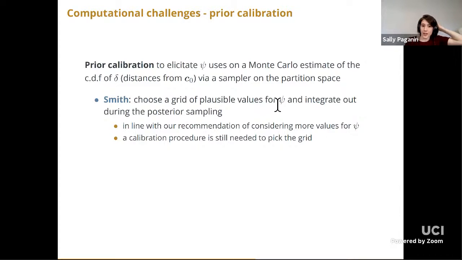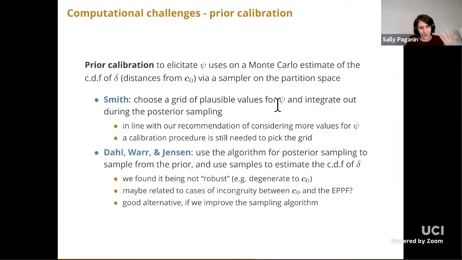This is kind of in line with what we recommend, what we did in our application, where we checked what happens for different values of psi. However, we may argue that one may still need a sort of calibration procedure to pick these discrete values that are plausible. Alternatively, David Dahl and co-authors suggest using the algorithm for posterior sampling to sample from the prior, and actually show that this is possible and more scalable.